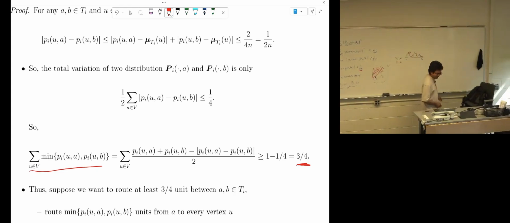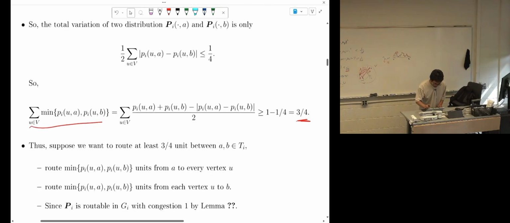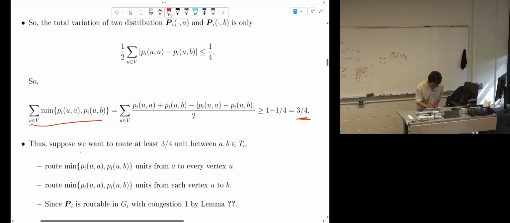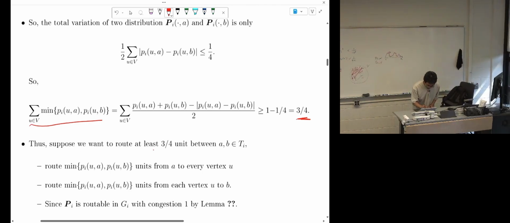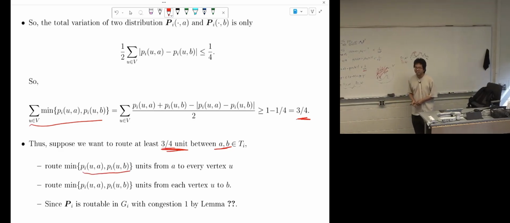What I want you to be convinced of now is that, suppose we want to route 3/4 unit of flow from A to B, we can do it with congestion 1, because of what I just explained.